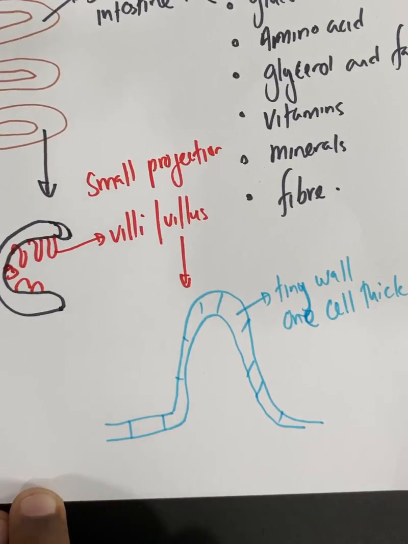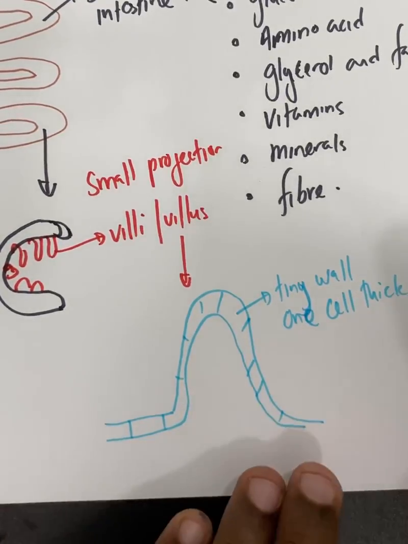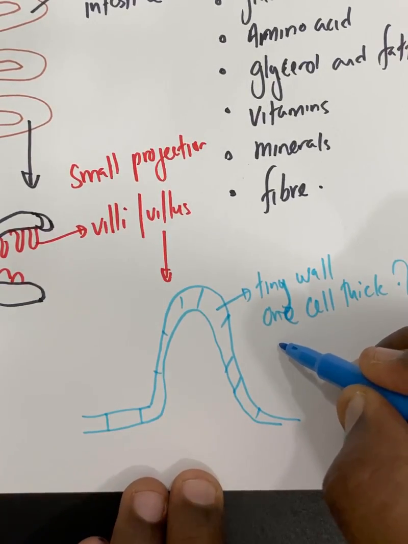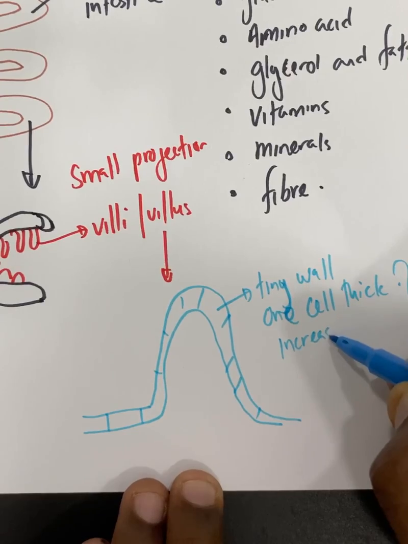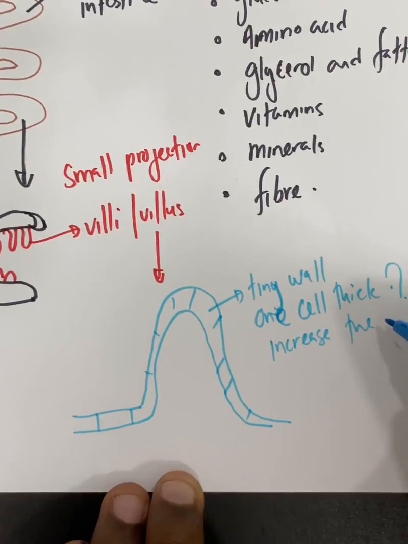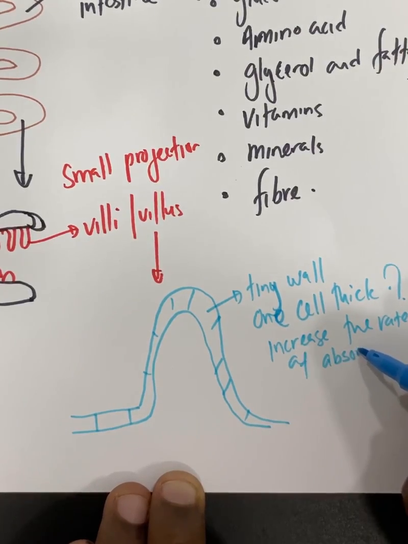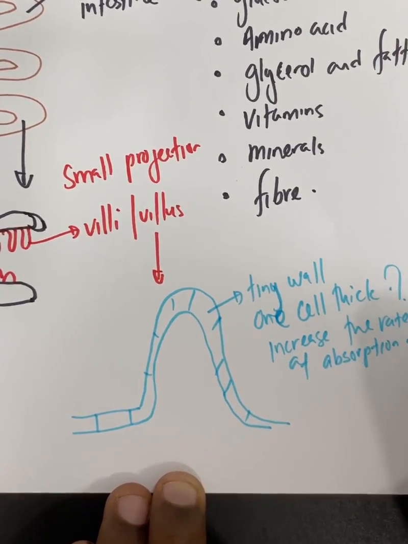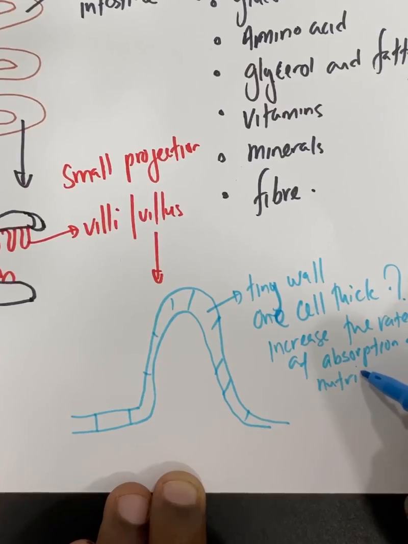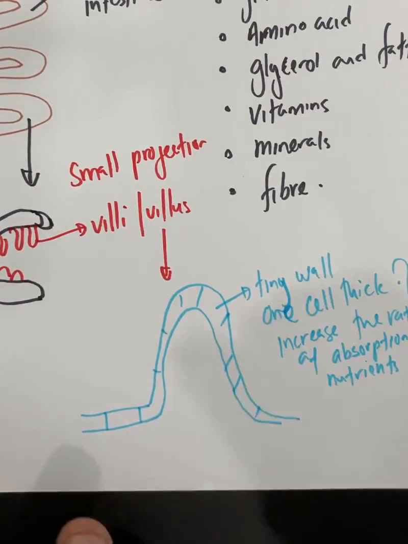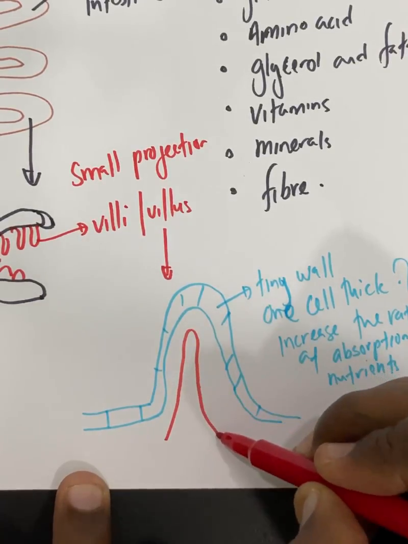Why is it made up of one cell thick? Because it increases the rate of absorption of nutrients.